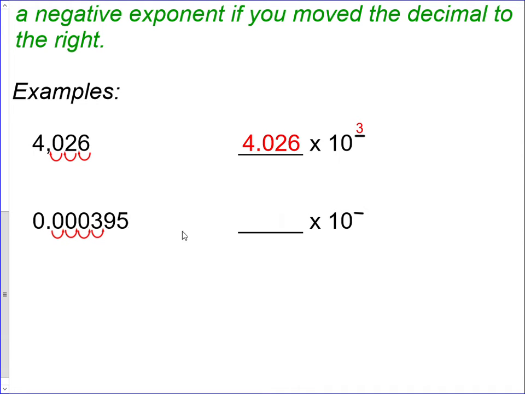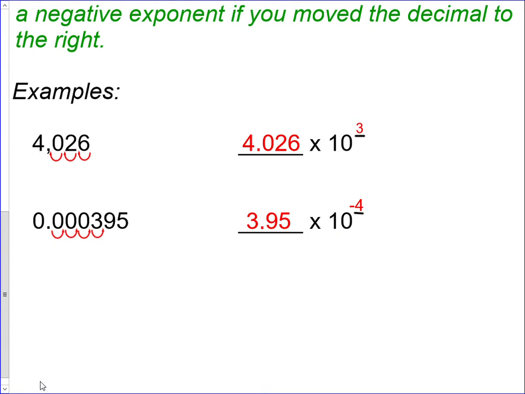They have no meaning. Okay? So we write 3.95. We moved that decimal 1, 2, 3, 4 places. We moved it to the right, so I remember that's a negative exponent. So that's going to be 10 to the negative 4 power. So 0.000395 is the same thing in scientific notation, 3.95 times 10 to the negative 4 power.